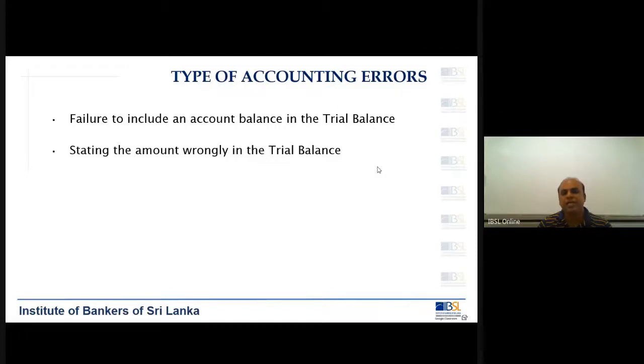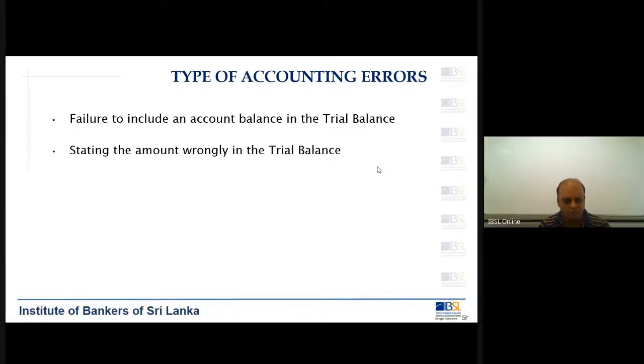Secondly, stating the amount wrongly in the trial balance. That can also happen. You have balanced the account and the amount is 300,000, but when you are taking it to the trial balance, you have entered it as 30,000. What happens? Your trial balance will be 270,000 short.